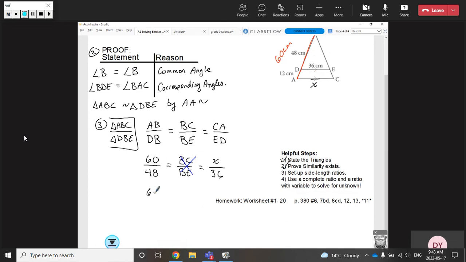We grab these, 60 over 48 equals X over 36. I'm going to multiply each side by 36 because I know that cancels with that. And then it's just up to my calculator here to help me out. 60 divided by 48 is some nasty number, times that nasty number by 36, and we get 45 right on.